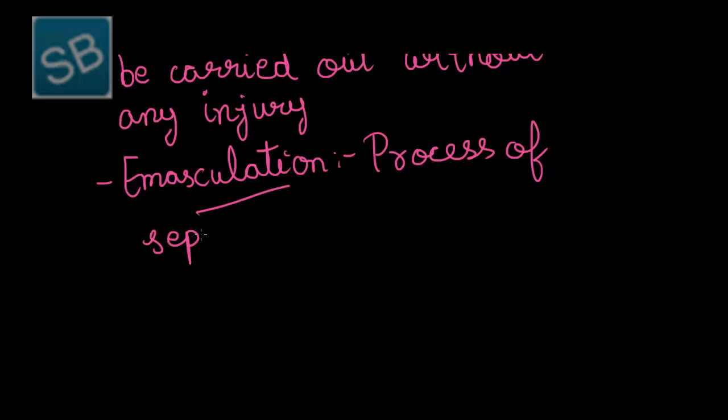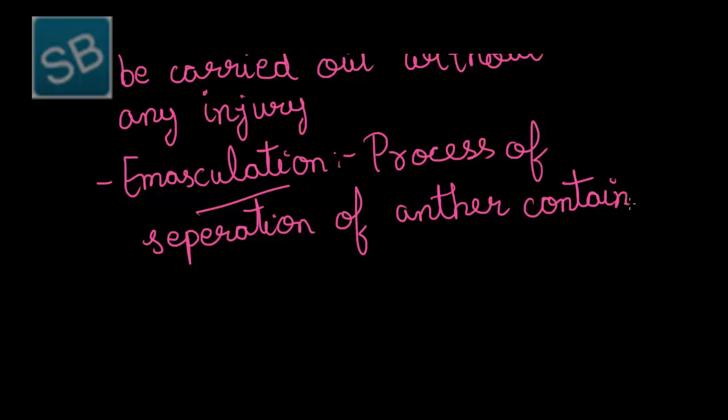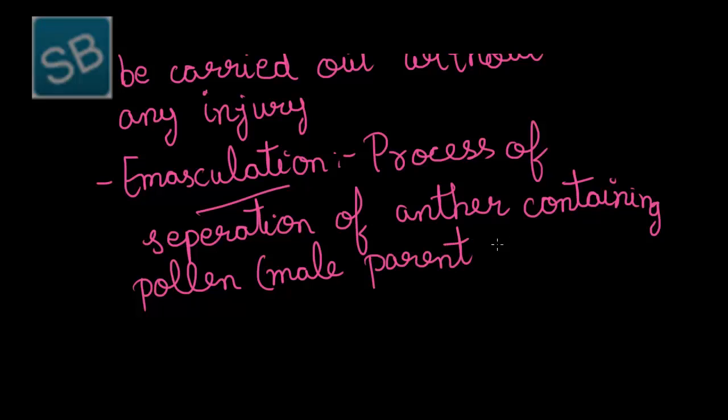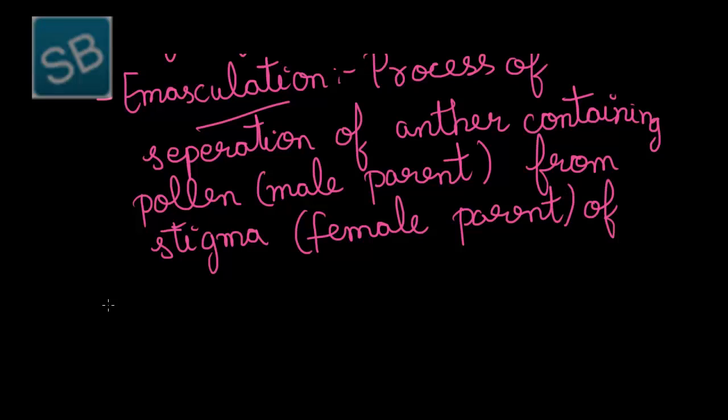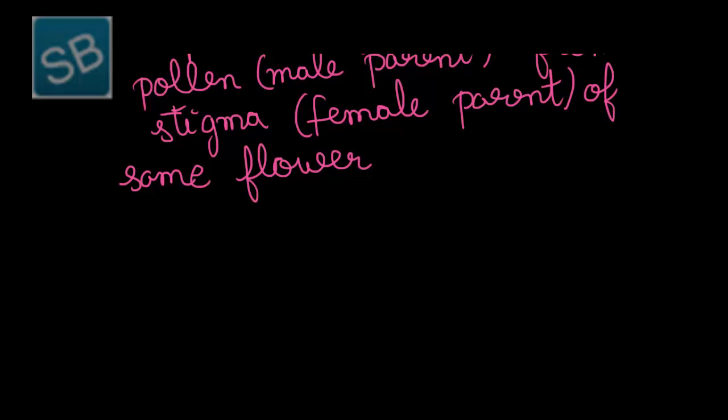Thus, the process of separation of the anther containing pollen, that is the male part, from the stigma of the same flower, or of a different flower but of the same plant, that is the female part, is known as emasculation.